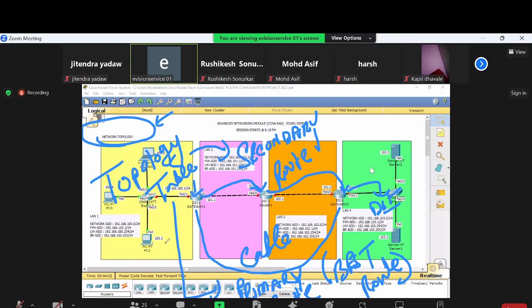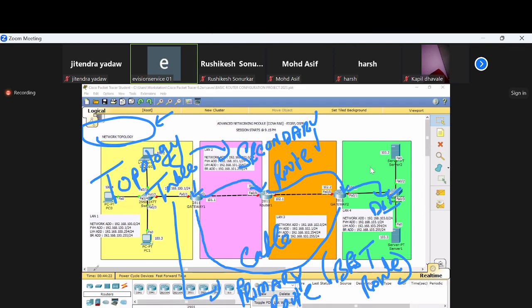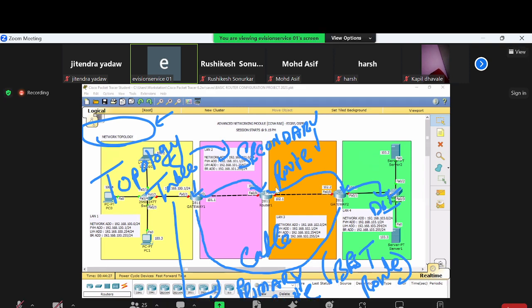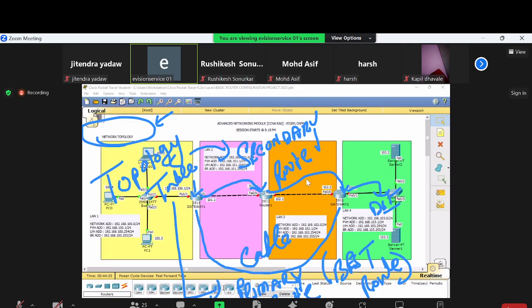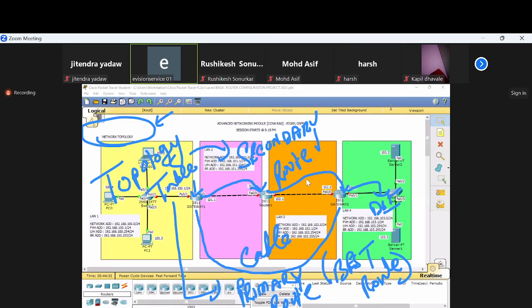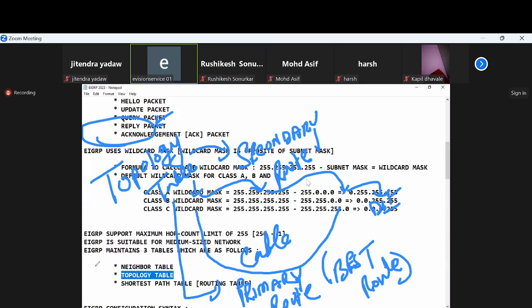ओके, बट व्हेन वी टॉक अबाउट द नेक्स्ट टेबल कौन सा है? शॉर्टेस्ट पाथ टेबल और राउटिंग टेबल. The shortest path table and routing table contains, that is your, let me just write it here.